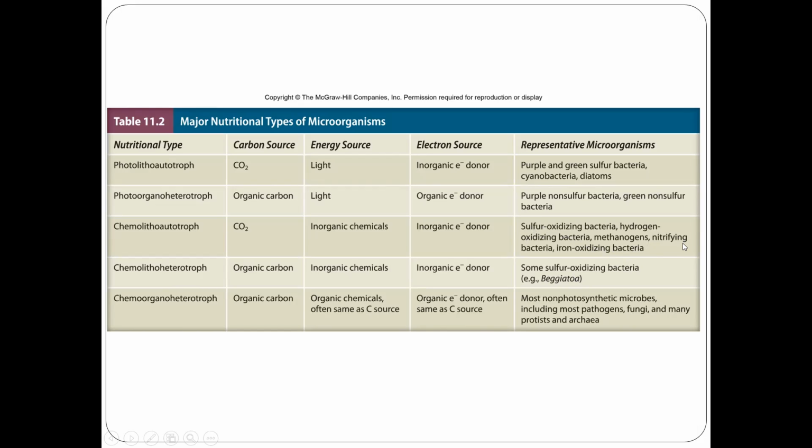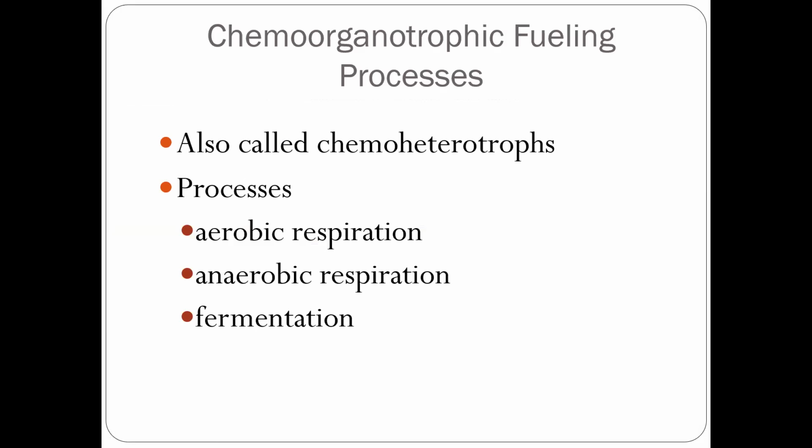We will talk about the nitrogen cycle, and also hydrogen methanogens, which generate methane in the environment. Those don't really belong to this class. That belongs to water microbiology or environmental microbiology, so you have other classes where we'll talk more specifically about these different types of microorganisms. What we are doing right now is only one category, chemoorganoheterotrophs.